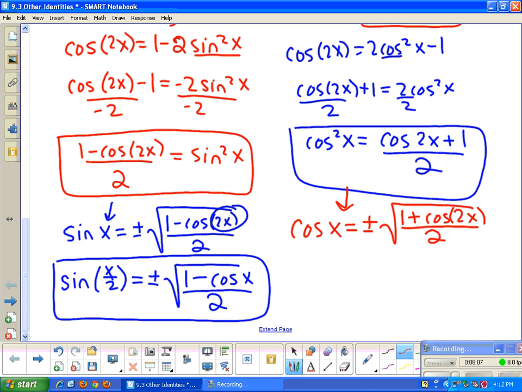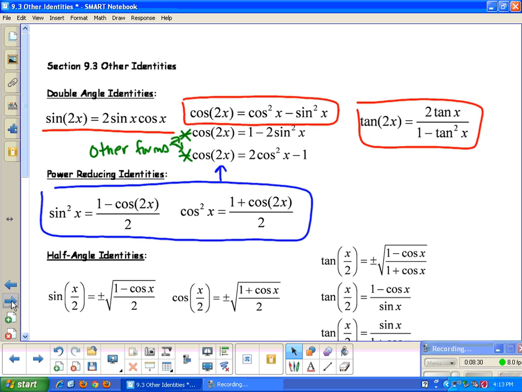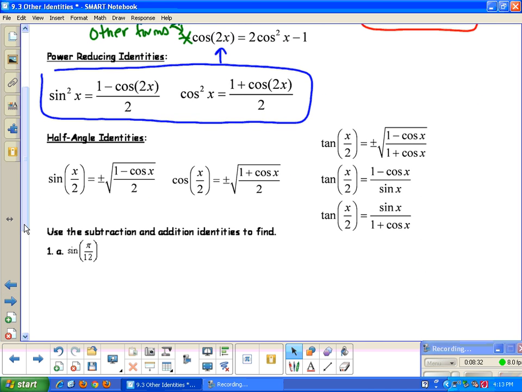So then for this, if I want the half angle, I would change that x to the cosine of x over 2 is equal to plus or minus the square root of 1 plus cosine, and this would become just x over 2. So this is my cosine half angle identity, and again, I just got that from my power reducing identities.